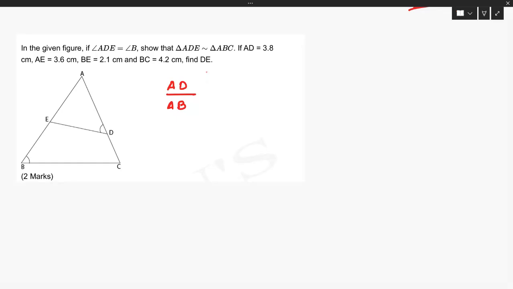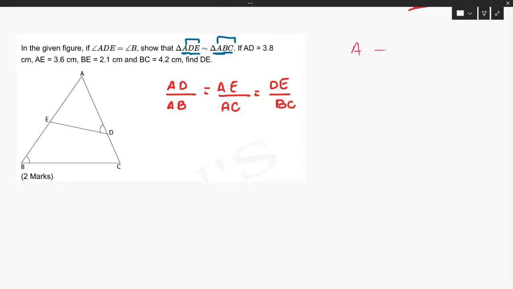Once we prove the triangles to be similar, their corresponding sides are proportional, which is equal to AE upon AC, which is equal to DE upon BC. I am not proving them similar, that you have to do. Yeah, that you have figured out. DE upon BC is equal to AD upon AB, which is equal to AE upon AC. Correct, na?